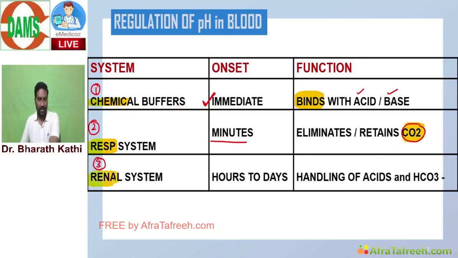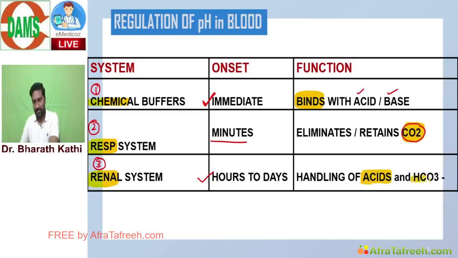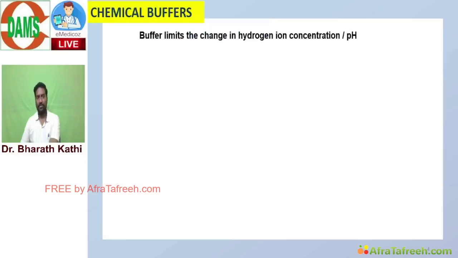Whereas the kidney takes hours to days for its function to happen, and it is most important. It is ultimately handling acids and bicarbonate. Out of these three, the most important is the renal system, and it is also the strongest, and the weakest is generally chemical buffers.